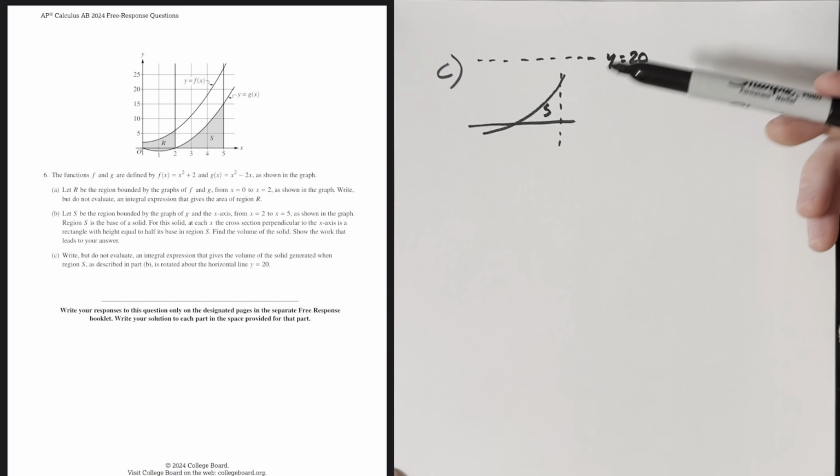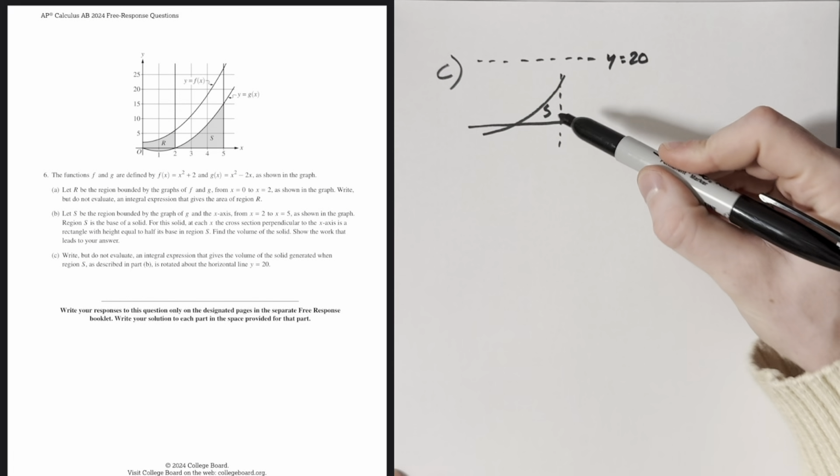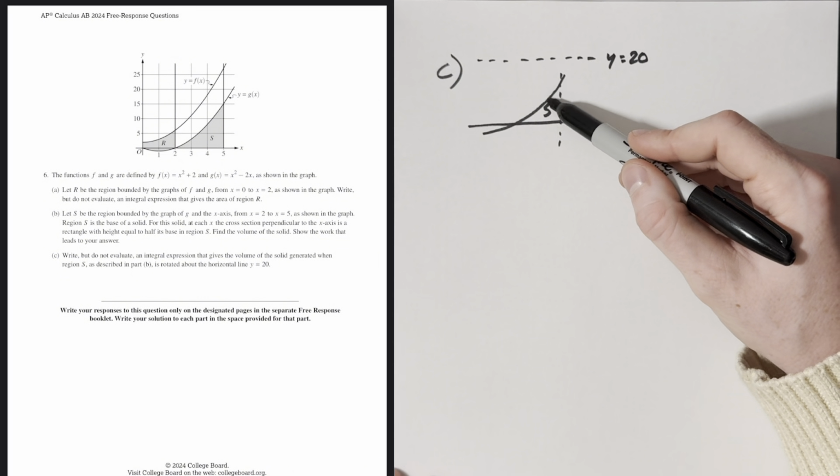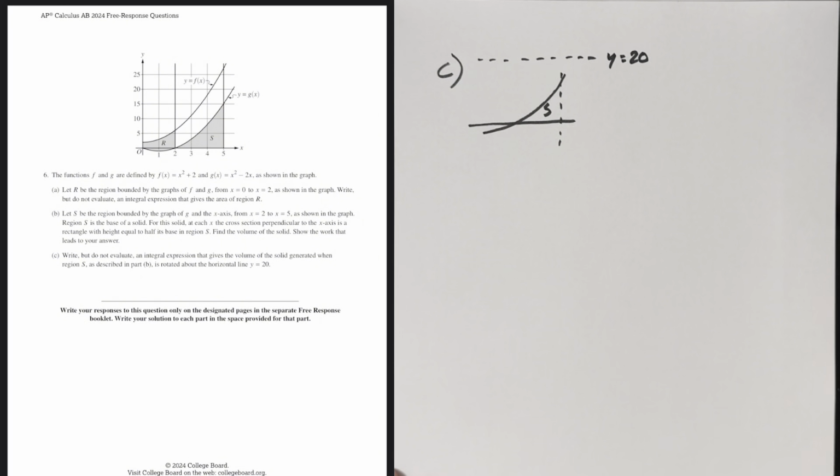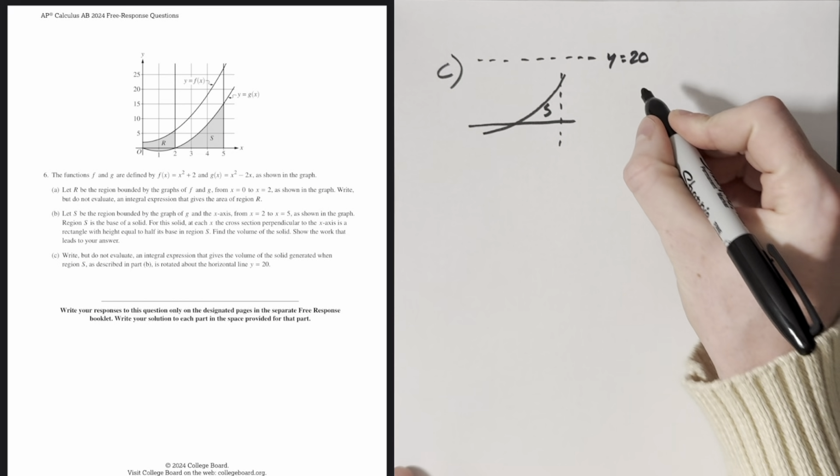So as we try and revolve it around y is equal to 20, we're going to have an outer radius and an inner radius. And when we're integrating, trying to find the volume of one of these revolved figures, we're going to be using Washer method, right?